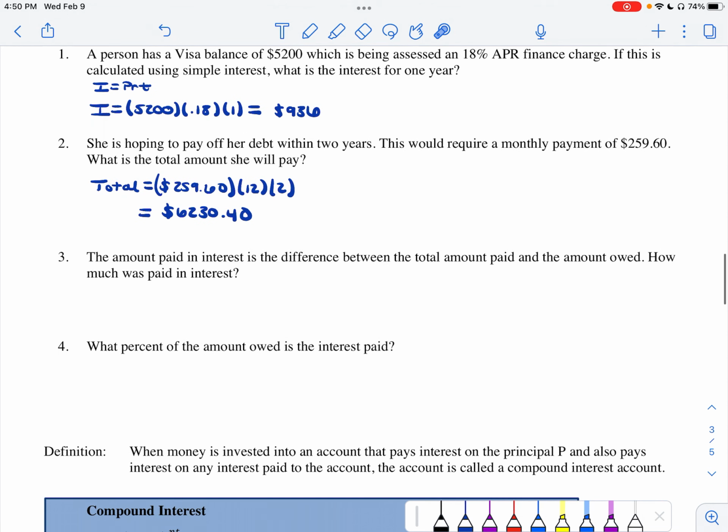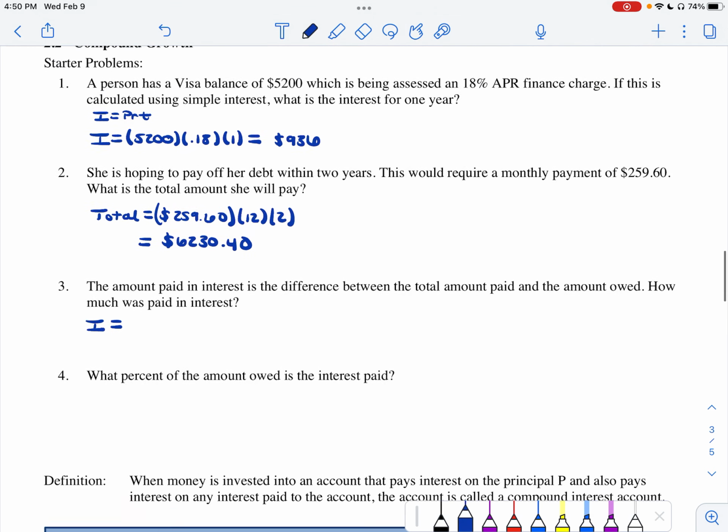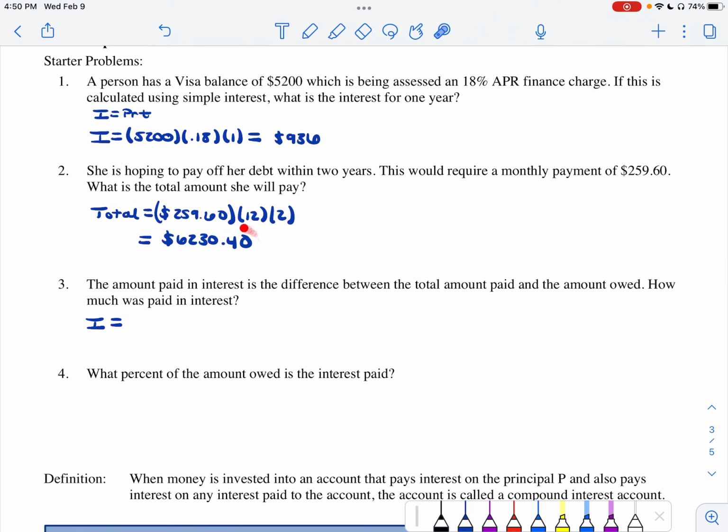All right, part 3 then says the amount paid in interest is the difference between the total amount paid and the amount owed. So how much was paid in interest? Okay. So the amount that she paid was the $6,230.40 that we just found.